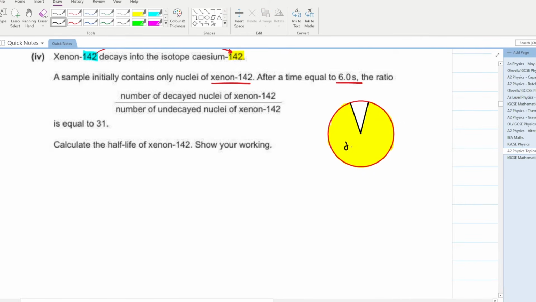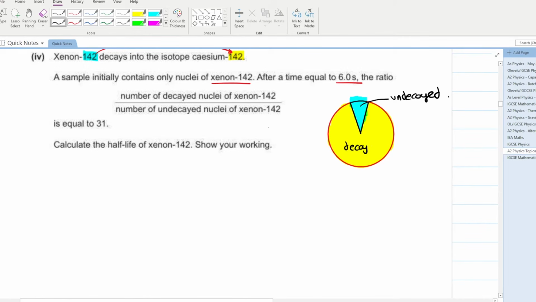So let's write it here. This is the number of decayed nuclei. And this white triangle, or the blue shaded region, is the undecayed nuclei.